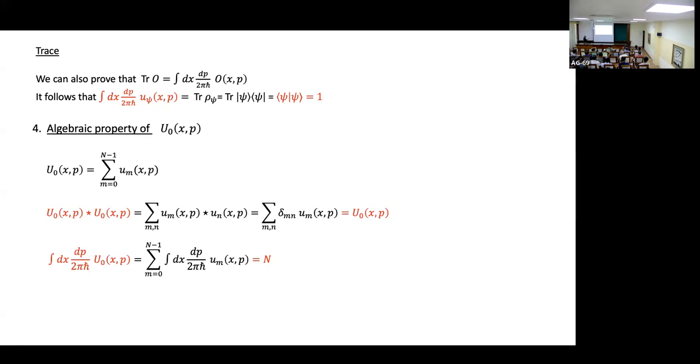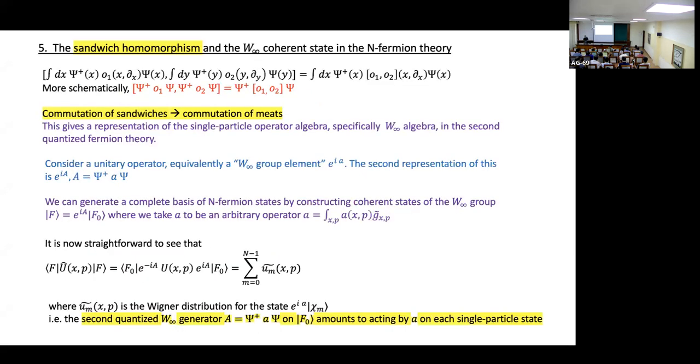So now the integral of u naught, which is a sum over n such things, becomes n. So that's the proof. And now when I want to take this large n limit, u naught squared equals u naught, and I'll take the h bar there, and the integral of u naught will become 1. But I have only done the ground state here. I have to describe the other states.